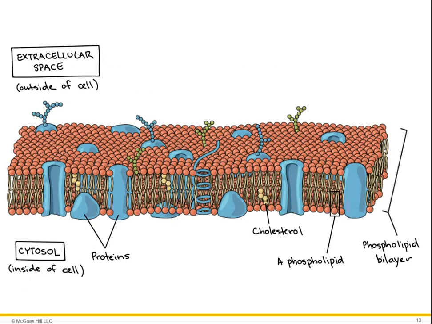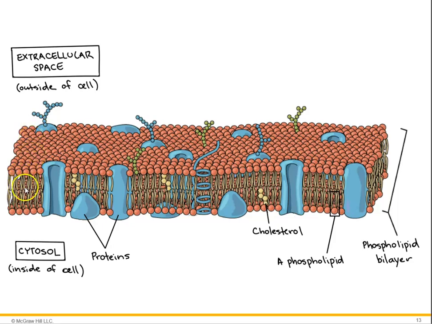Okay, so here is a diagram of the cell membrane. This is the extracellular space up here, so this is outside of the cell, and this is the cytosol, inside of the cell. You can see the phospholipid bilayer. You've got the hydrophilic, or water-loving, heads that are pointed towards the fluid of the cytosol and the fluid of the extracellular space.